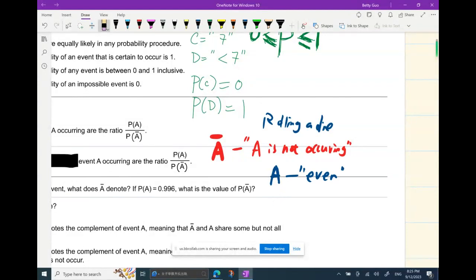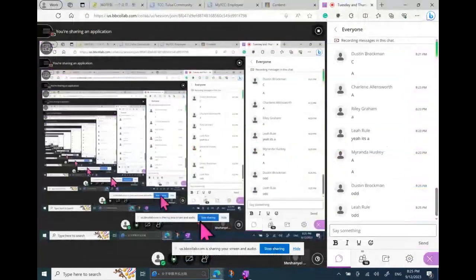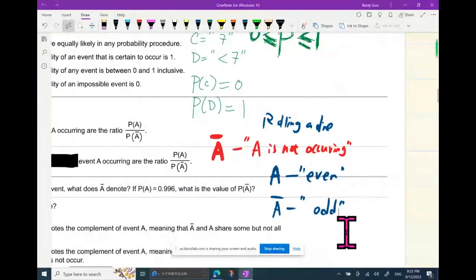Getting an odd number, right? Not getting an even number, then we definitely get an odd. Some people say opposite, but we don't really use that terminology. The correct terminology is complement.